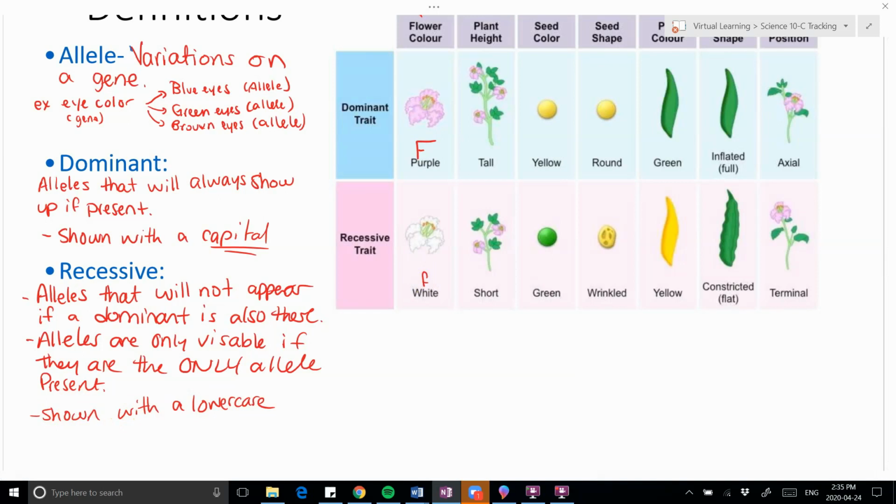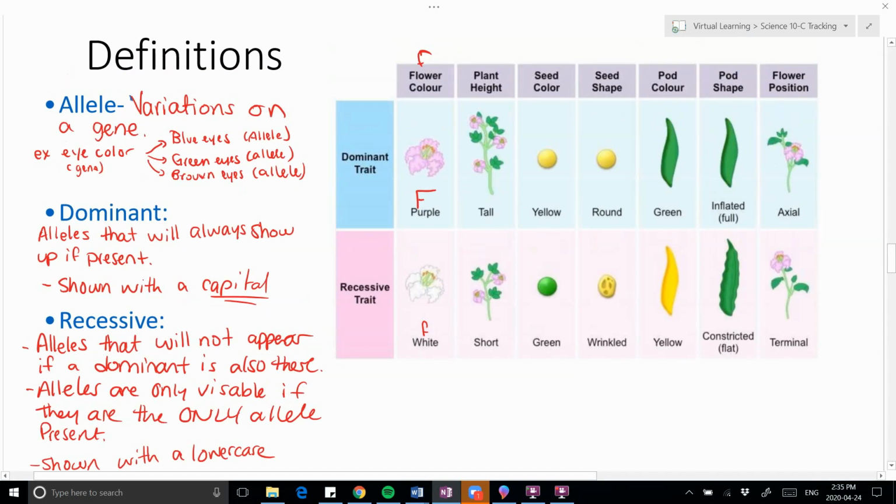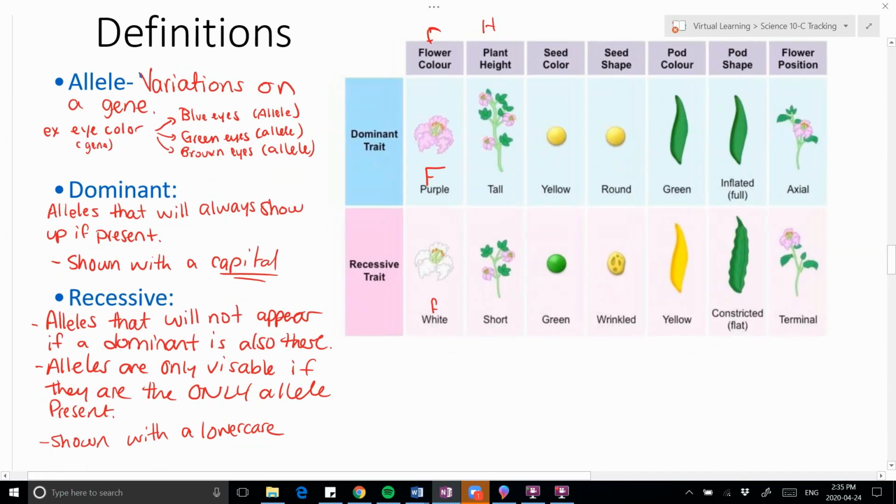Okay, so plant height. Maybe I use an H to mean plant height. My tall plant, if that is dominant, would be shown with a capital H, whereas short would be a lowercase h. Seed color, maybe I use a C. So capital C and lowercase c.